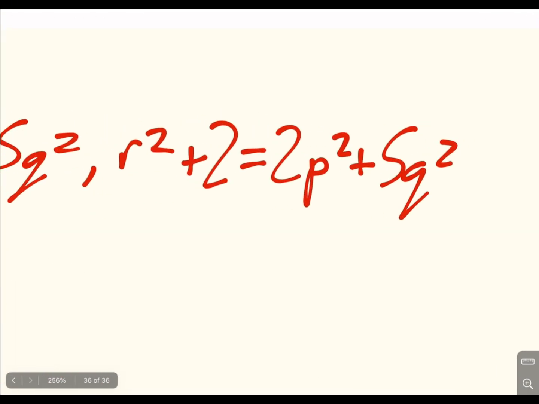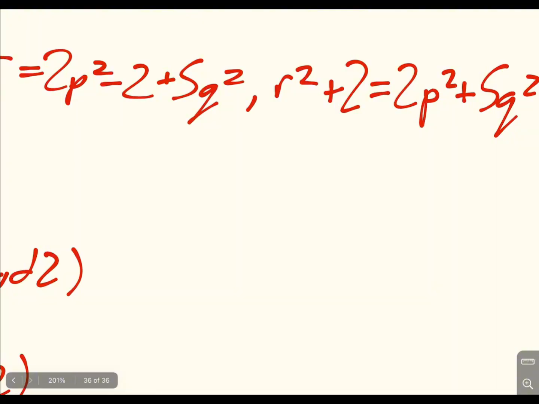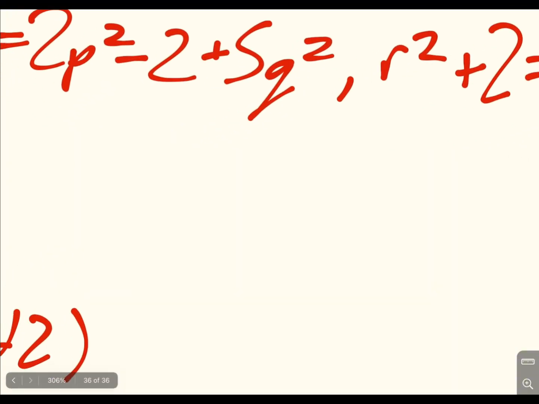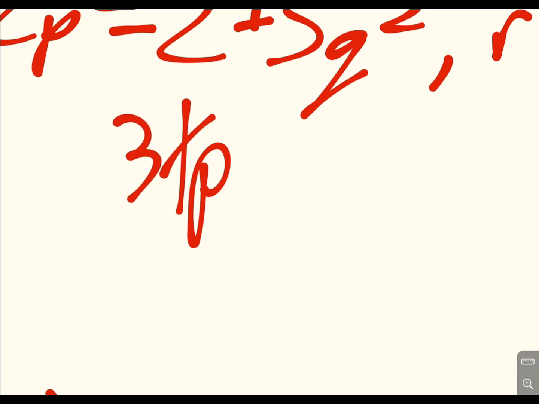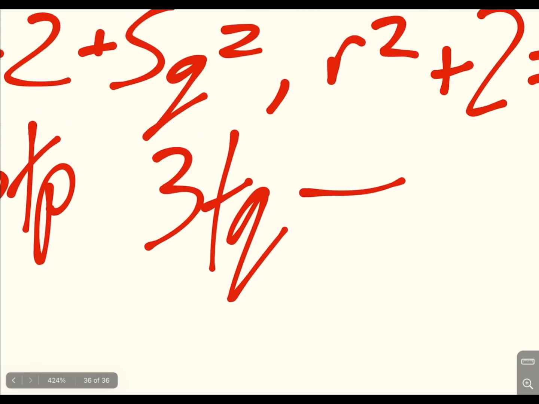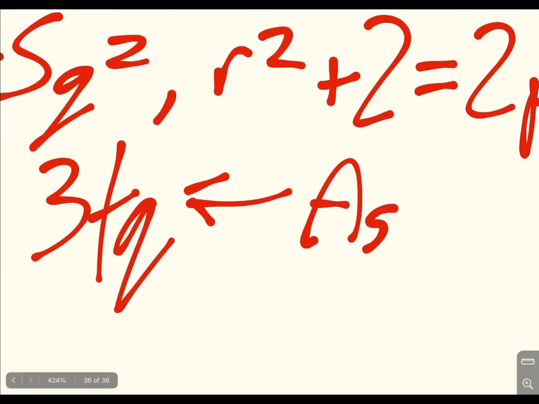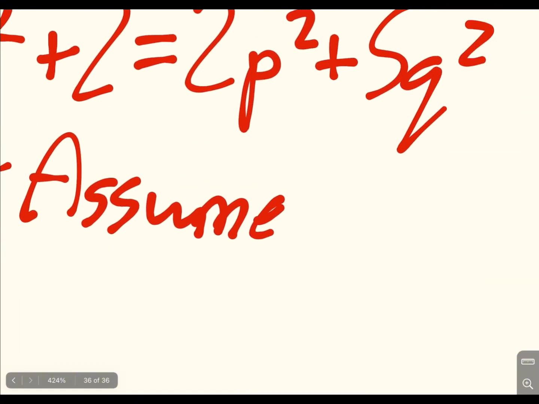Anyways, back to this. Basically, let's assume that p is not divisible by 3, and q is also not divisible by 3. So this is an assumption. Then neither p nor q are divisible by 3.